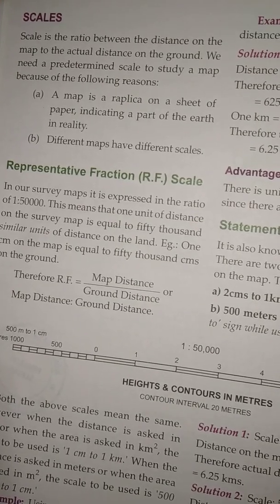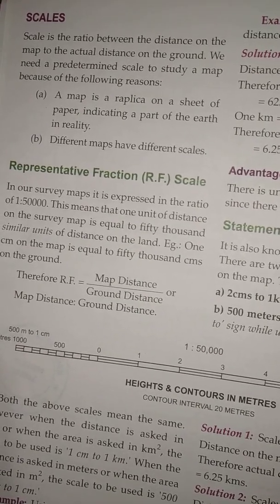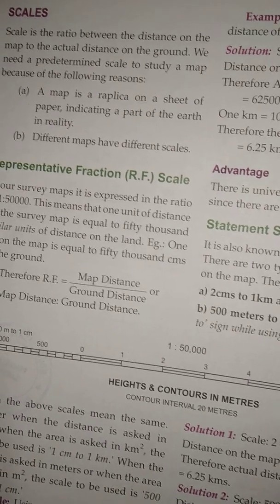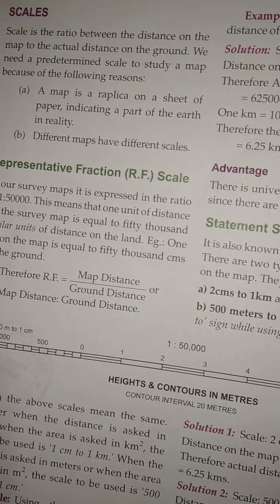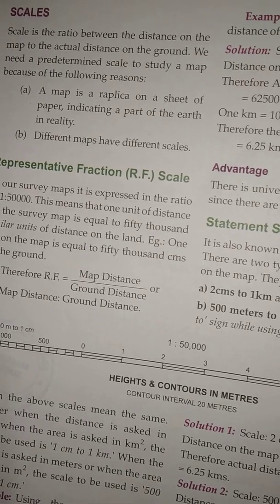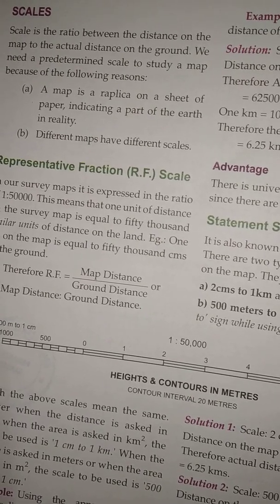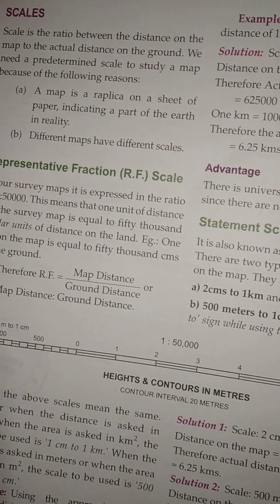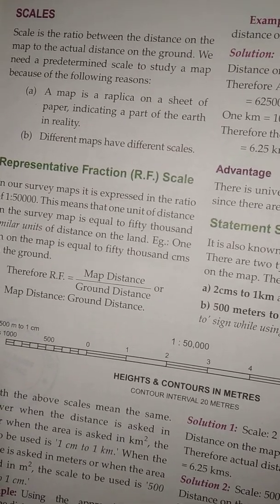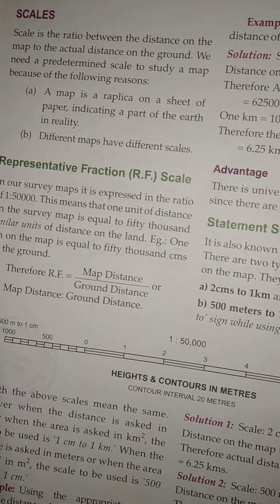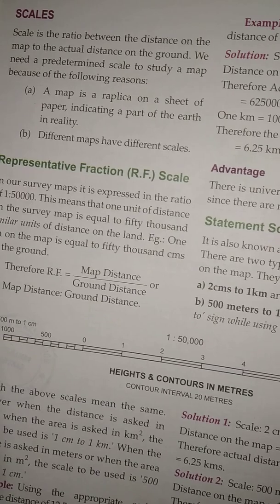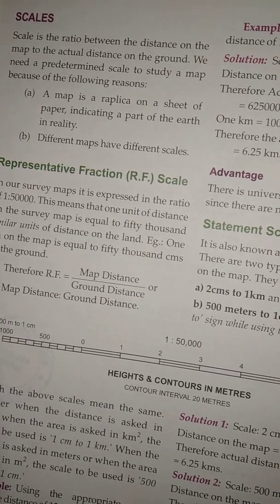Now what are the reasons why we use a scale? A map is a replica on a sheet of paper indicating a part of the earth in reality. And the second one is different maps have different scales. So already we have talked about different types of topo sheets also. India is divided into so many topo sheets. In the lower classes you have already read about million sheets, quadrant sheets and quarter sheets.